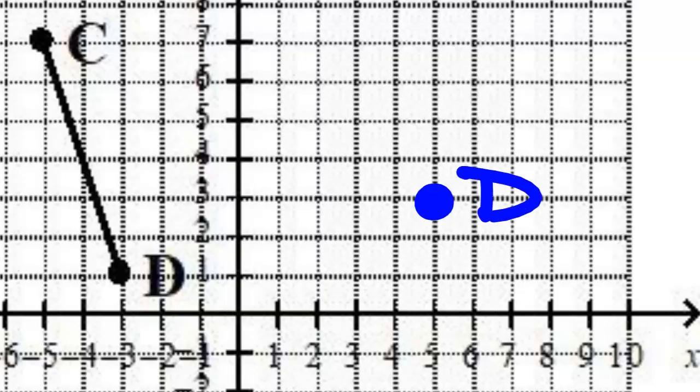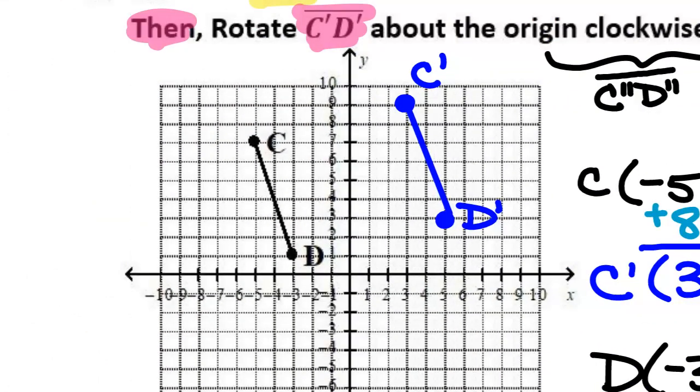Right here. And then you need to use a straight edge, which are on their way back right now, to sketch in that line segment. And that's what C prime D prime should look like.